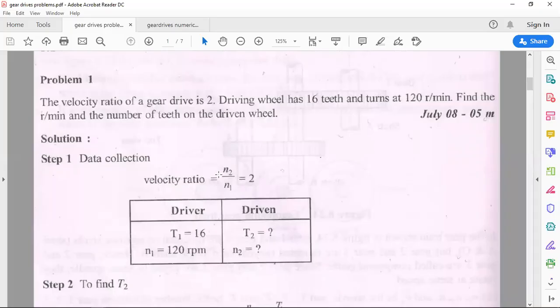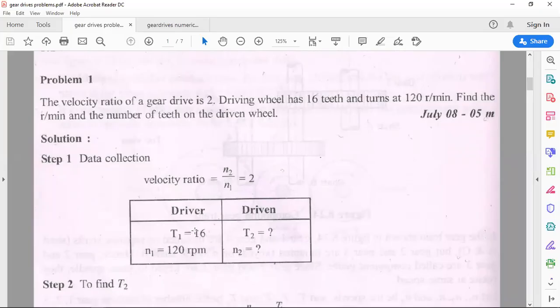N2 is obtained from this equation, because N2 is equal to 2 times N1. He has given that N1 is 120 rpm, then N2 will become N1 into 2, that is 120 into 2, so 240 rpm.